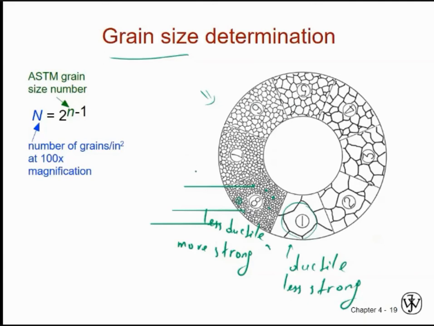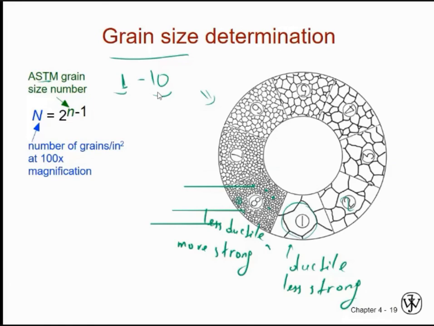So here, as you can see, these numbers are given, 1, 2, 3, 4, all over this. These are grain size numbers defined by the American Society for Testing and Materials. Grain size changes between 1 and 10. 1 means I have large grains in size. 10 means I have small grains, but more of them.